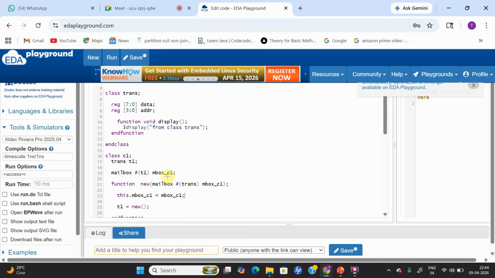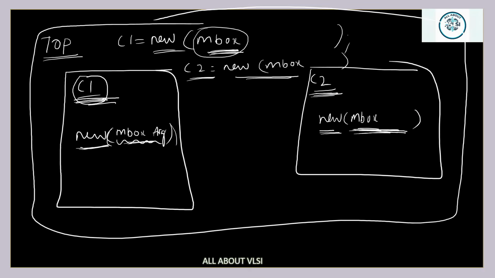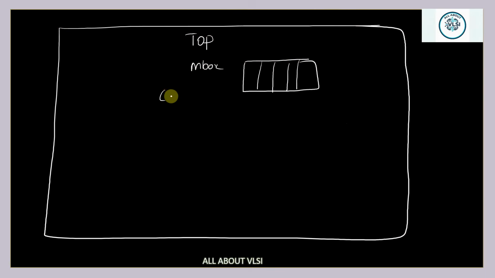Okay. So what I'm doing over here is, let me draw it one more time. This will be my top module. Inside my top module, the mailbox instance has been created like this. Now, whenever we are going to call the new method of your C1, whenever we are creating the C1 instance using the new method, we are going to pass this mailbox instance.